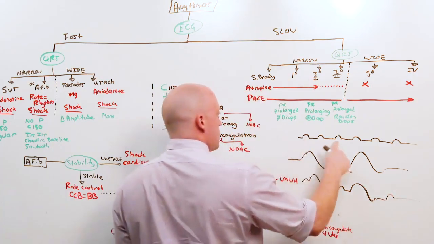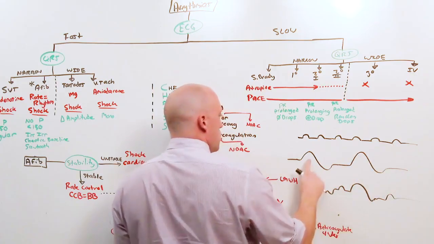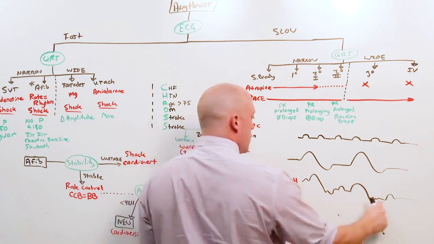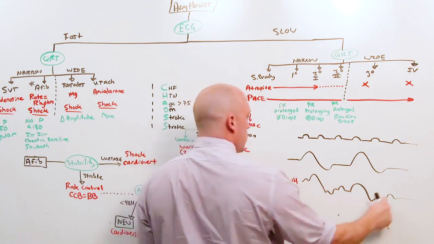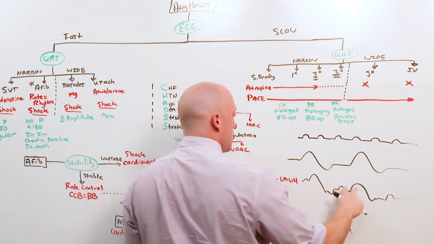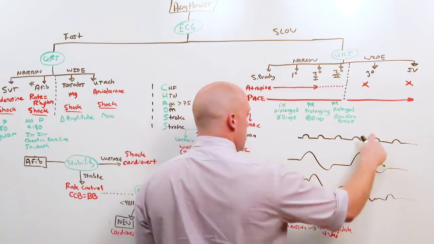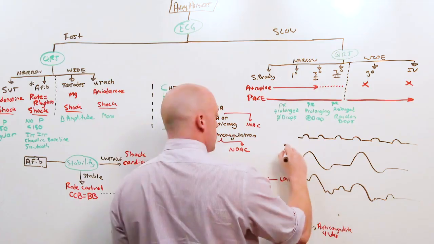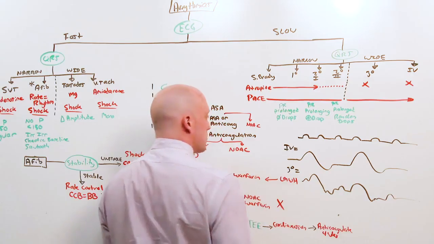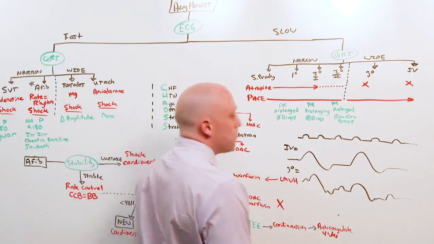The P waves march out, the QRSs march out, but the final product is screwy because the P waves are buried inside the QRS complex. And if you find the interval, you'll realize that they march out just as they did here. This is what idioventricular rhythm looks like. This is what third degree AV block looks like. Difficult to write those out.